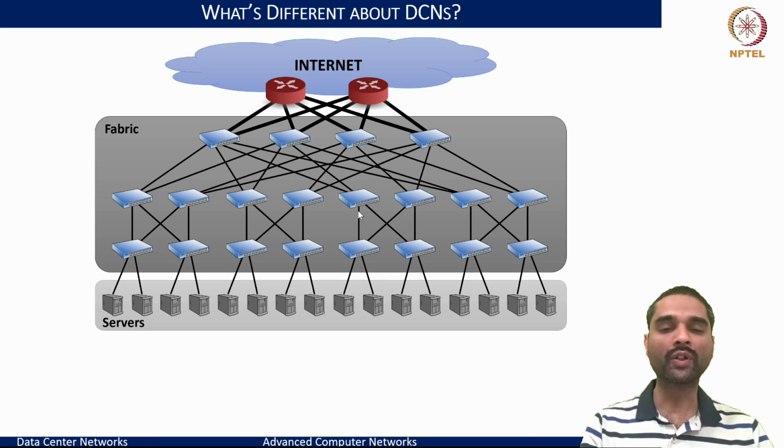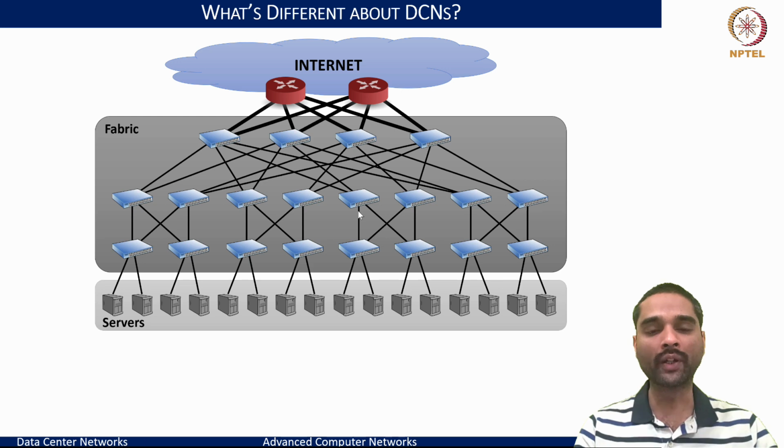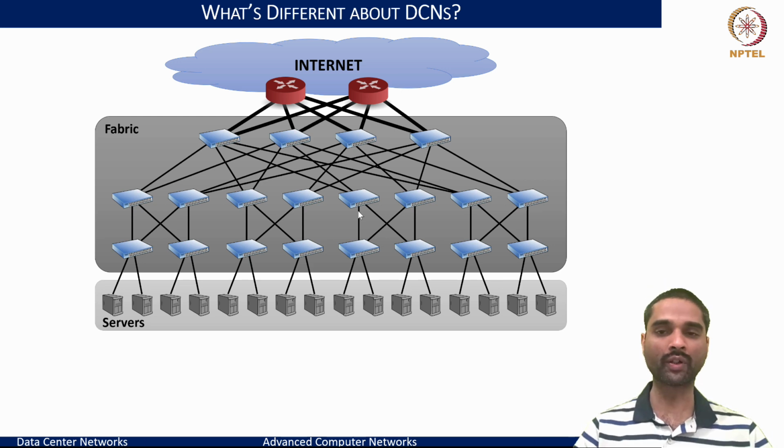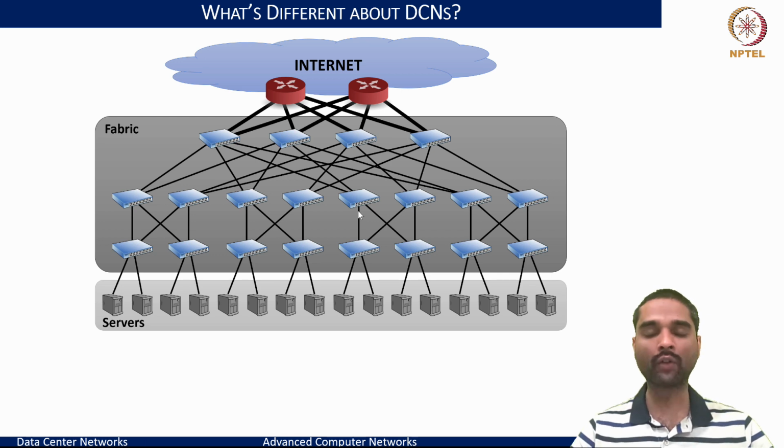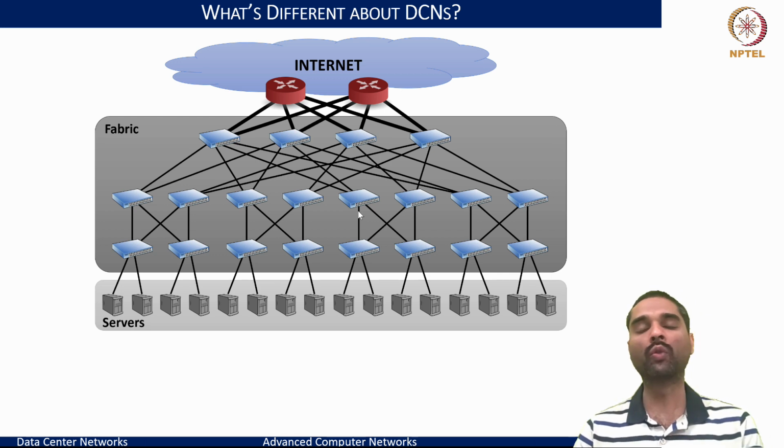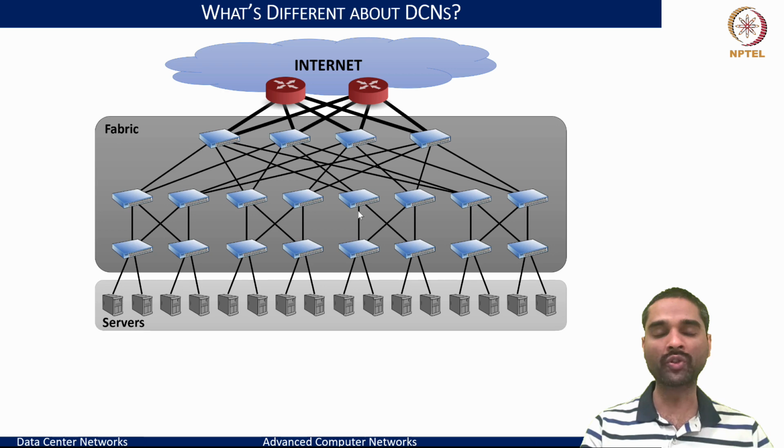As data center owners, we have the flexibility to decide how the servers would be connected to such networking infrastructure, what networking infrastructure we would want to build inside the data center, and how we would want to enable connection to the outside world through the use of routers and connect them with the internet.